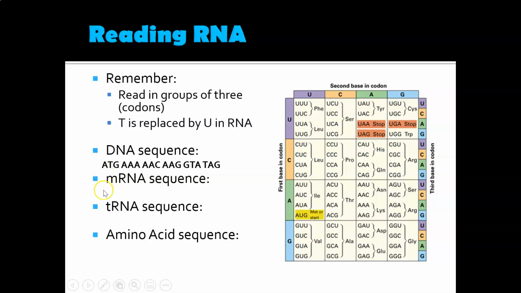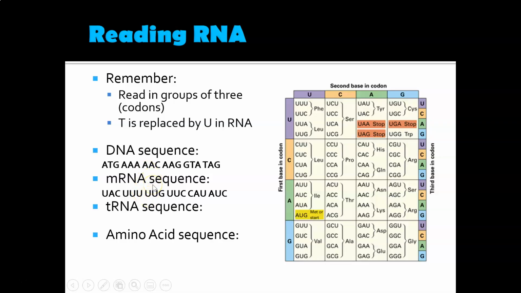So A becomes a U because there's no T's, right? T becomes an A, G becomes a C. And then I can work my way down that DNA sequence to make the complementary mRNA. And then it should look something like this. Okay, so 3 A's would become 3 U's, 2 A's, 2 U's, a C to a G, and so on and so forth.